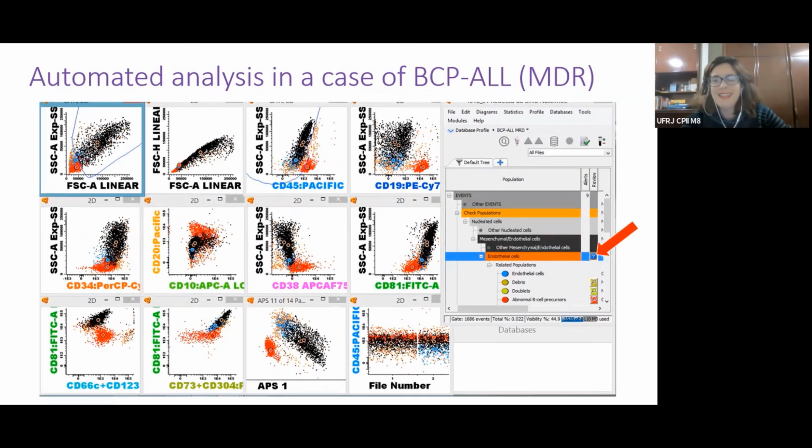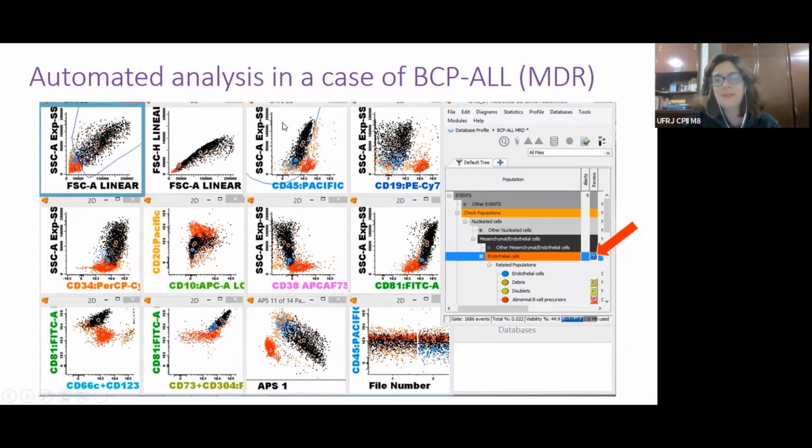Also, I decided to show it: in this tree of populations, we have also mesenchymal and endothelial cells that in many labs are not identified in the analysis because of the time, because of several reasons. So we have many populations identified here in the normal library.